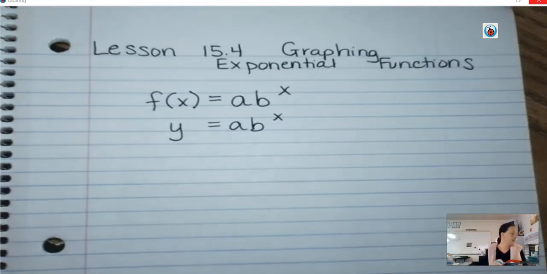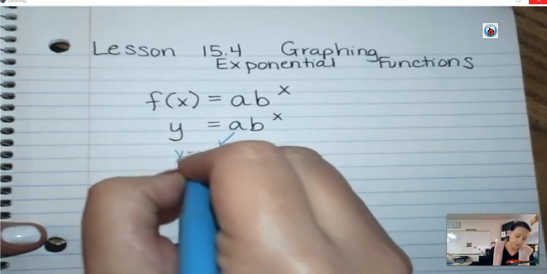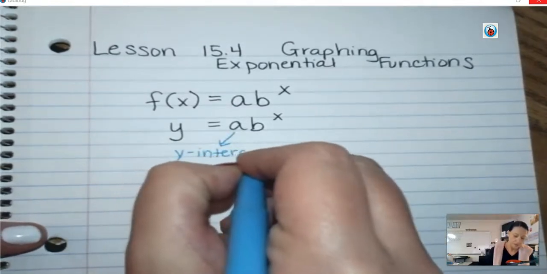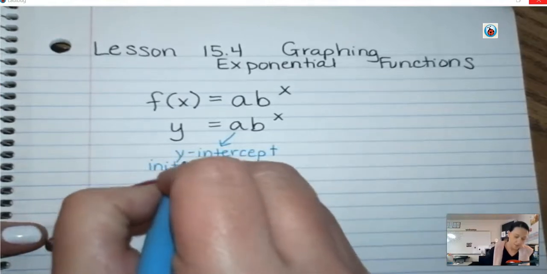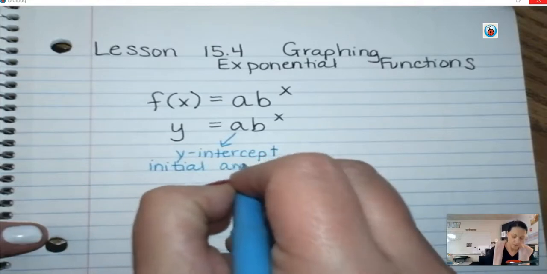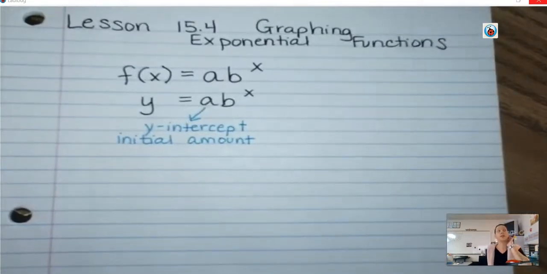Okay, the a stands for the y-intercept. This is the initial amount. The a value is the y-intercept, or the beginning amount. Everyone should be taking notes right now.